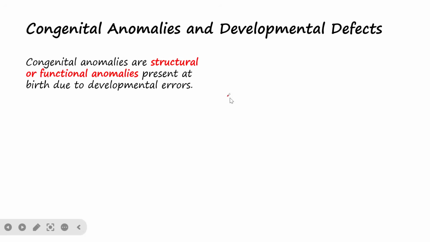Now the next thing is congenital abnormalities and developmental defects. Congenital abnormalities are structural or functional anomalies present at birth due to developmental errors. There are some cases where, because of problems associated with the development of the fetus, there are structural or functional abnormalities that affect the baby before birth, and that is what you call congenital abnormalities.